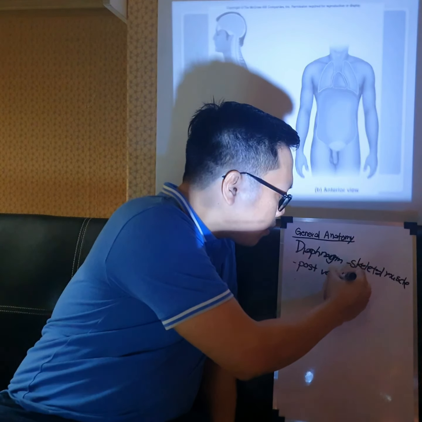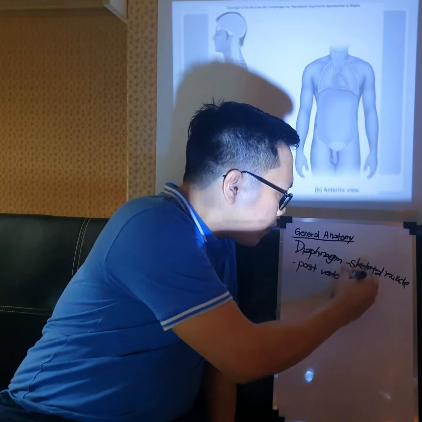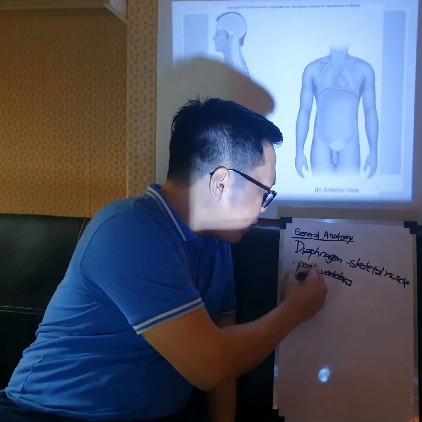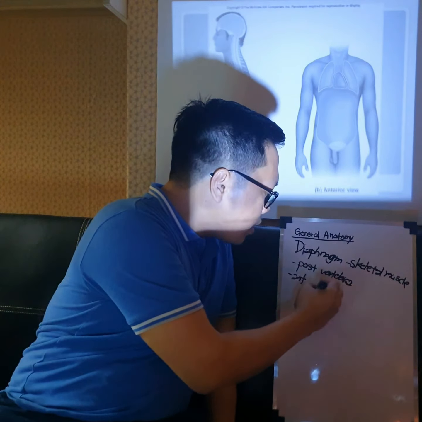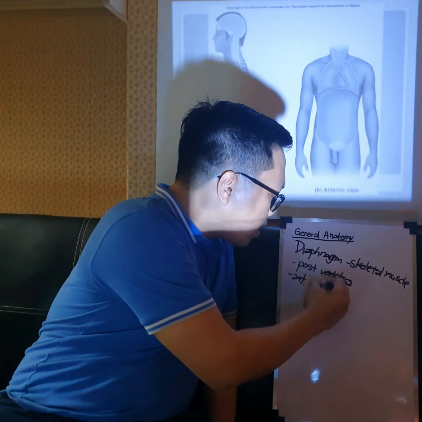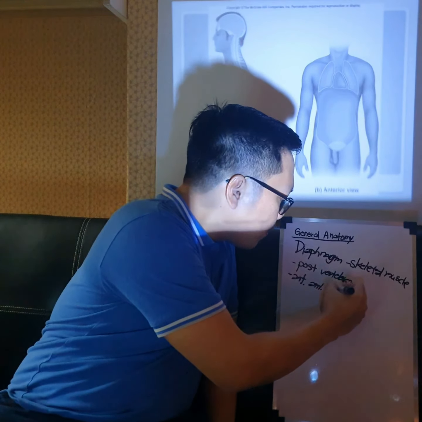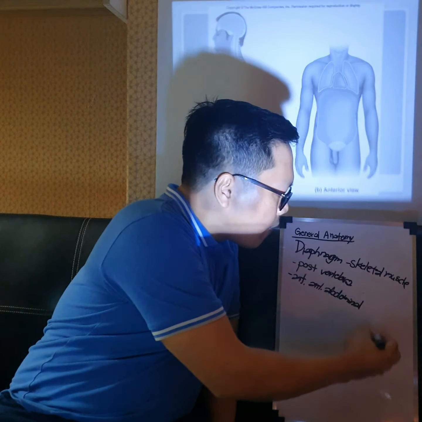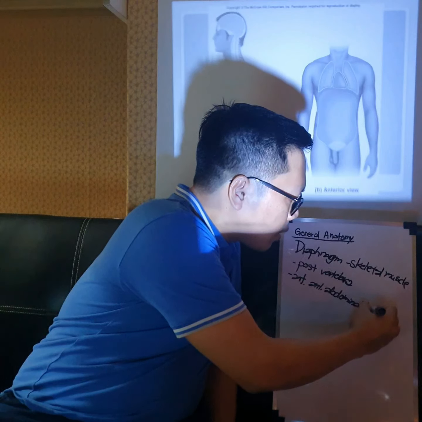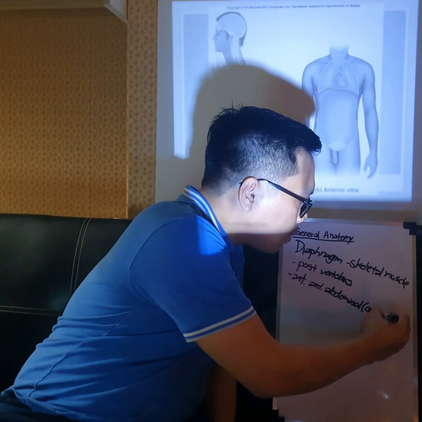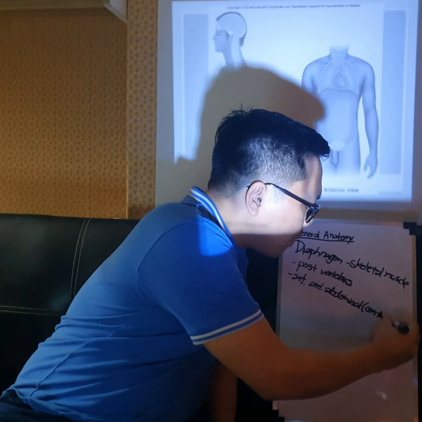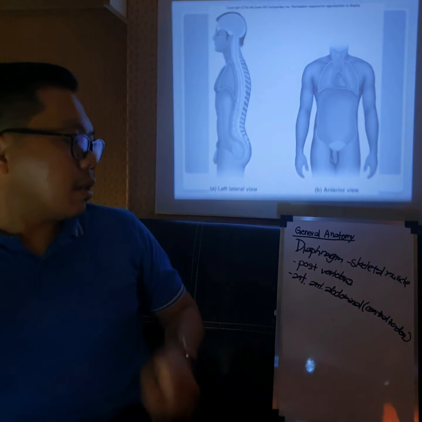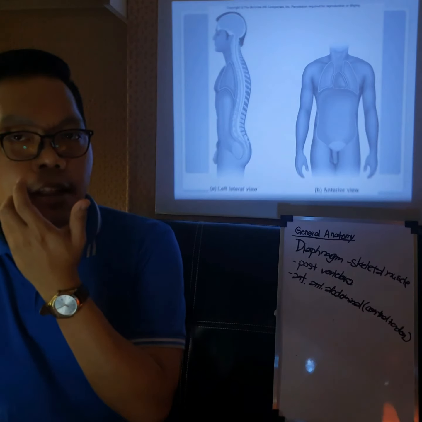Very long spelling: vertebra. And anteriorly, it is attached to the anterior abdominal wall via what? It's called the central tendon. Right?